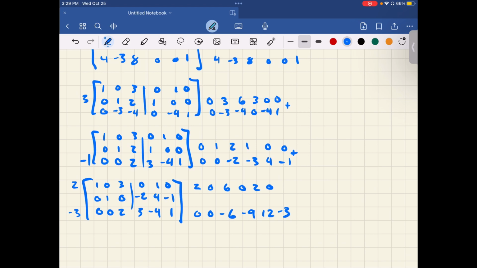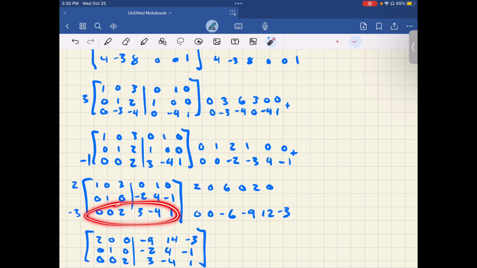So my new top row is going to be 2, 0, 0, -9, 14, -3. My middle row is going to be 0, 1, 0, -2, 4, -1. My bottom row is going to be 0, 0, 2, 3, -4, 1. I'm going to go back and use this original row right here instead of that new one. All right, so now if you'll notice I have all the zeros in the right spot.